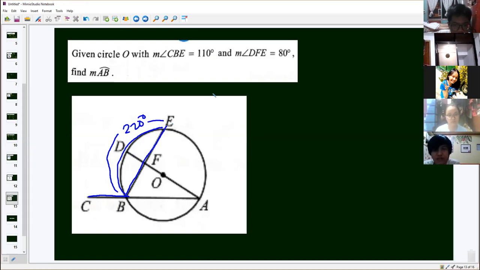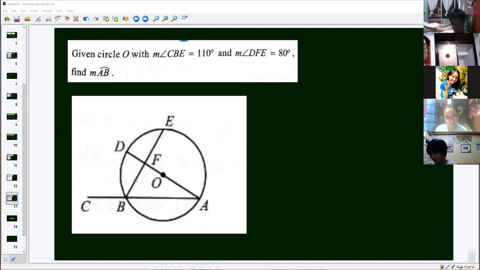And another, if this is 110, that makes this angle inside 70. So that makes this 140. Tama ba? Ay, mukhang mali. Hindi pala. Mali, mali. Mali yung concept.